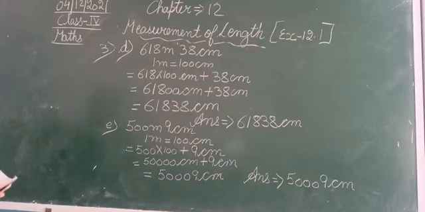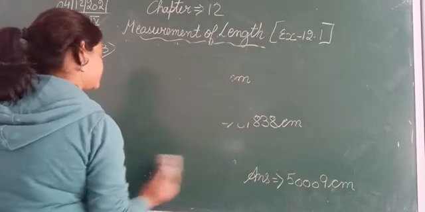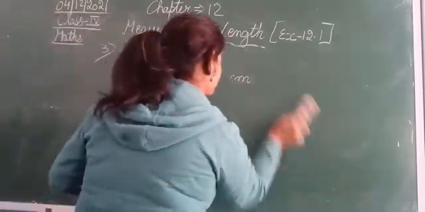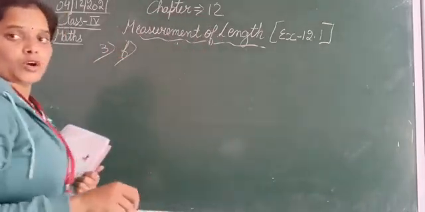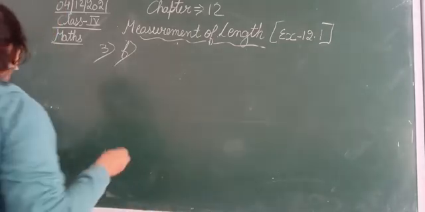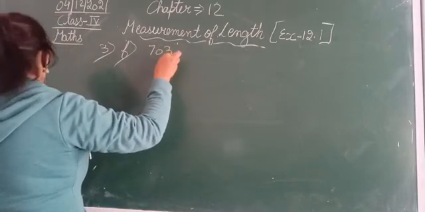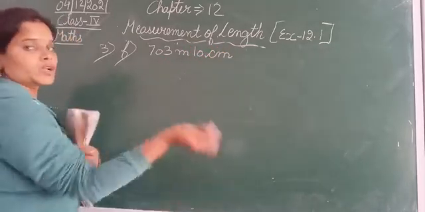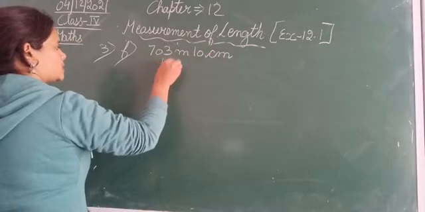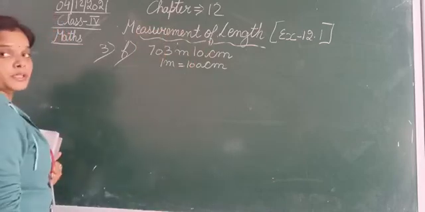Moving to the F part of question number 3, that is 703 meter 10 centimeter. 1 meter is equal to 100 centimeter.